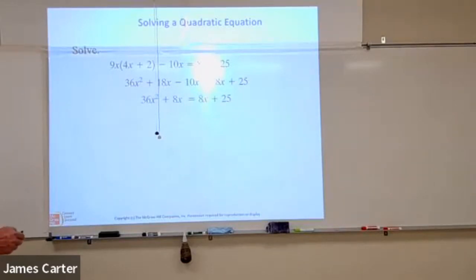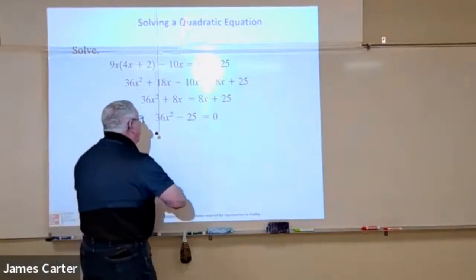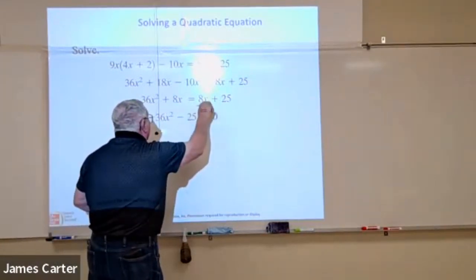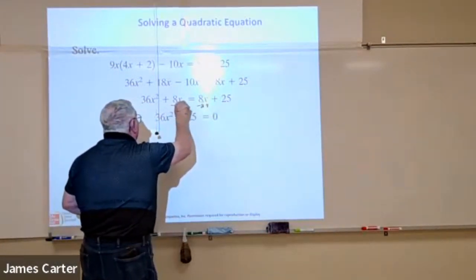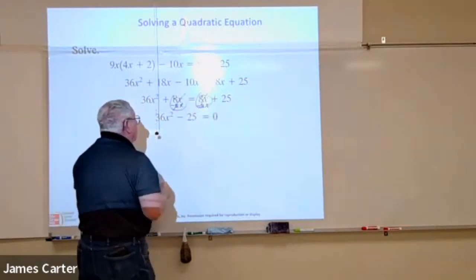I guess what they did was they combined these two first, and got 8x. Now they're going to bring these two over. This 8x, when I subtract 8x on both sides, both of those go away. Okay?